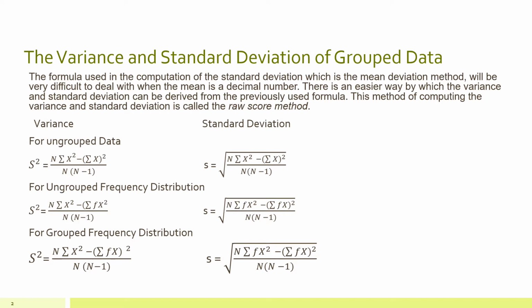Now, this is for an ungrouped frequency distribution. It is also a frequency distribution, but taken one at a time. Then this one is a grouped frequency distribution, but it deals with the median. So that's the formula we will use to get the grouped frequency distribution.